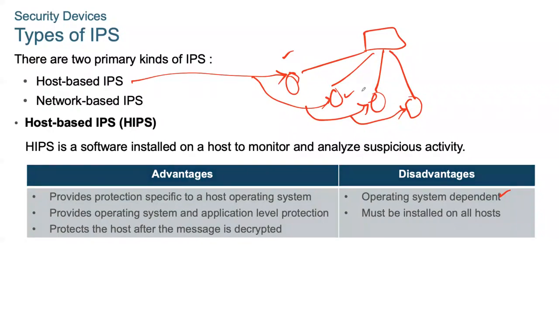Different systems may have different operating systems, and for different operating systems you need to install different software. Instead of that, if it is combined with the network-based one, most of the traffic will be filtered right here itself.